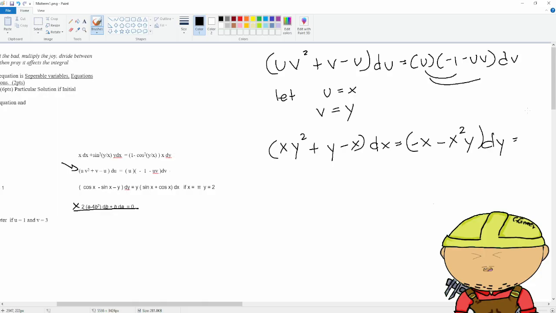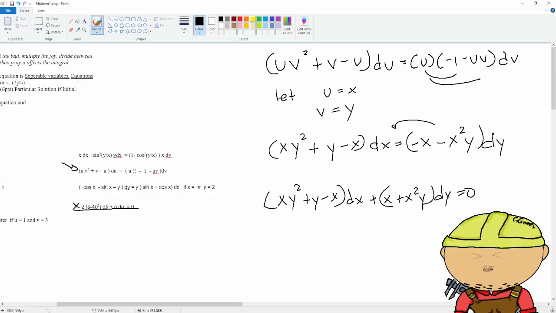The whole right side is negative, so let's move the whole right side to the left side, so this becomes positive. Always simplify your answer so it's much easier to look at.